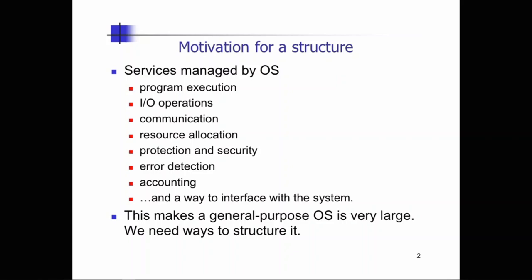For example, the kinds of services that are managed by the operating system include program execution, input output operation, communication between processes, resource allocation, protection and security, error detection, accounting. So there are a number of services that the operating system needs to manage, and apart from that, it needs a way to interface with the system.